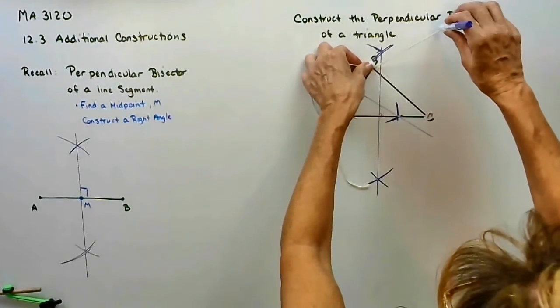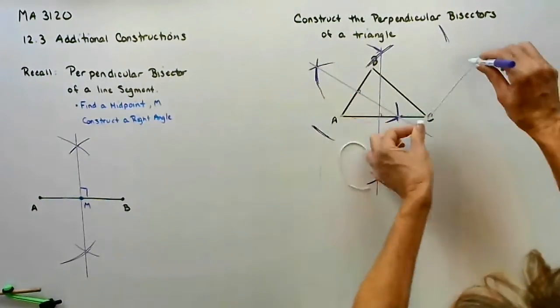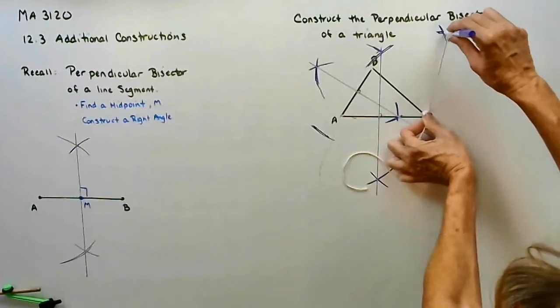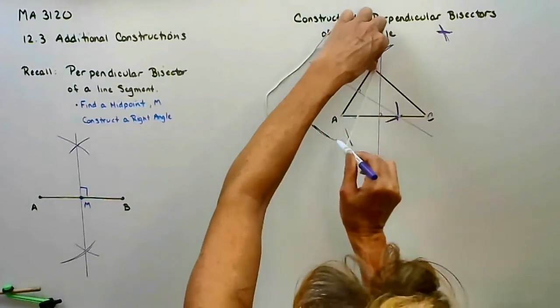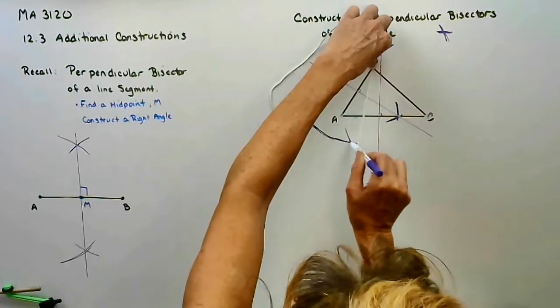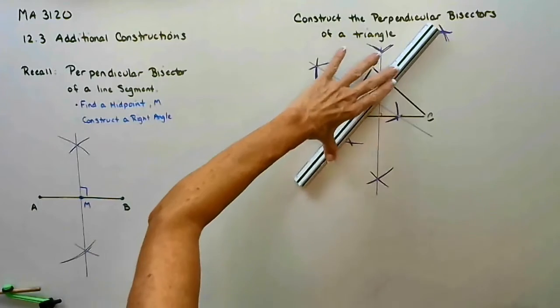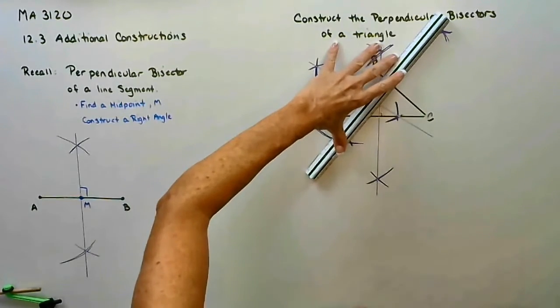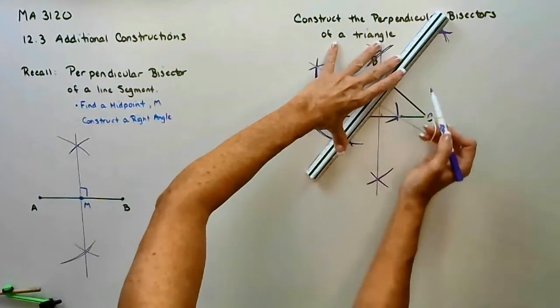String an arc. String an arc. An arc, uh-oh. Gotta keep this one going farther so it hits. Okay. And in a perfect world, I should get three concurrent lines again.